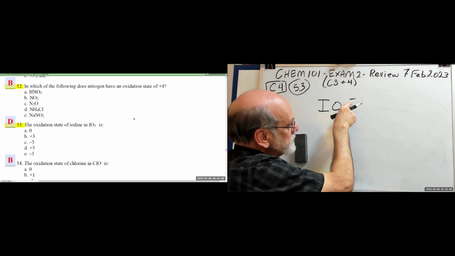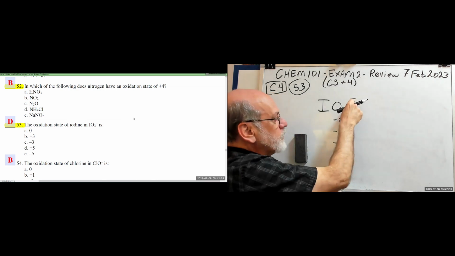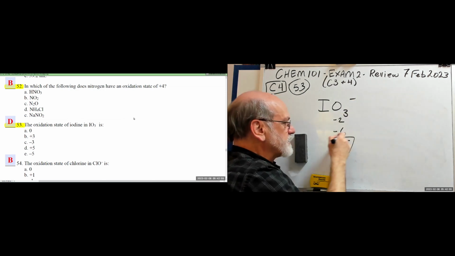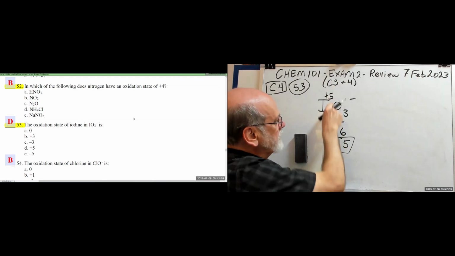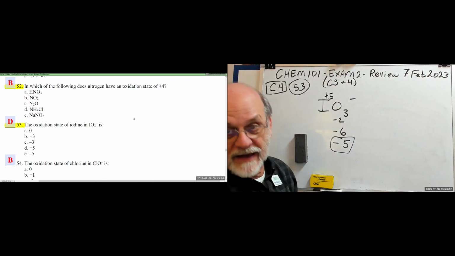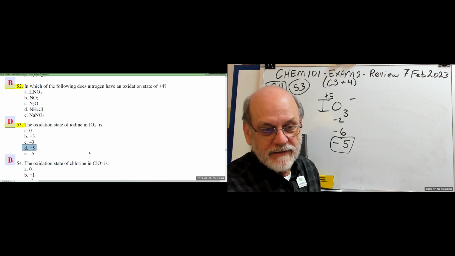So this has to reserve out one of these to hold that minus. That means we only have to balance a -5. So that's a +5, and a +5 and a -6 is a -1. So our answer is +5.